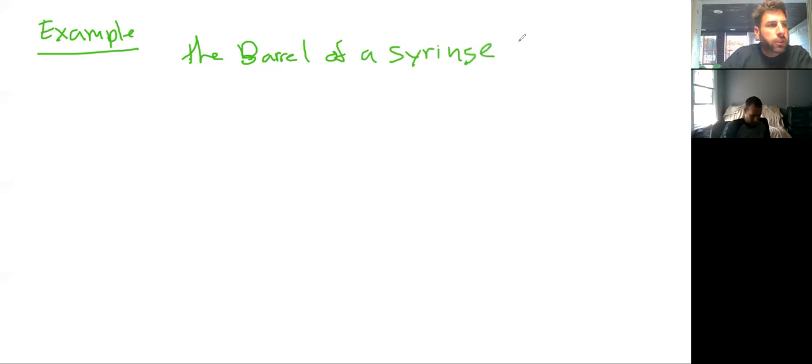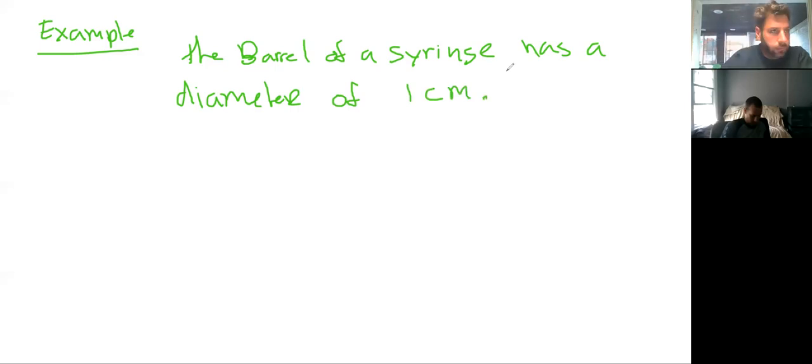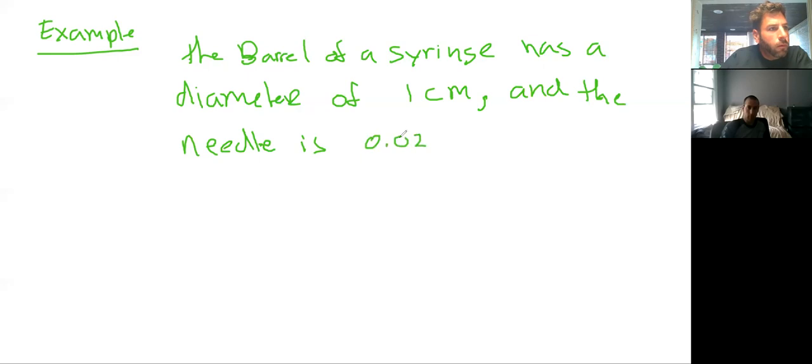Say the barrel of a syringe has a diameter of 1 centimeter. We'll use simple numbers. And let's say the needle, what's a standard? Let's say maybe 0.2 centimeters. That seems reasonable.